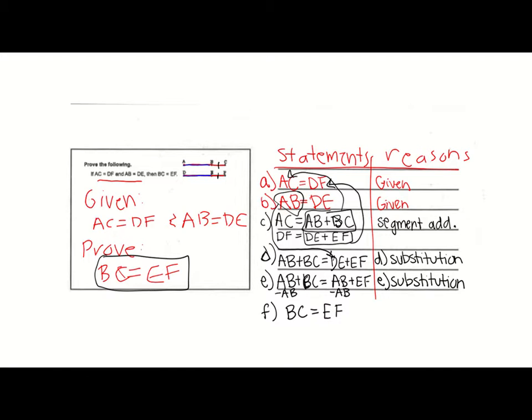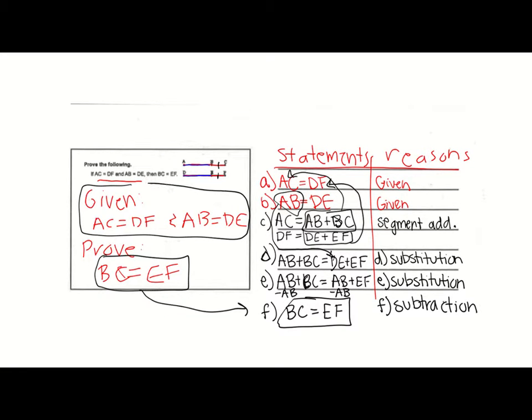And we got that from our subtraction property. And now this is what I have at the bottom of my proof, so now I know I am done. I proved that if this given information up here is true, then BC equals EF.